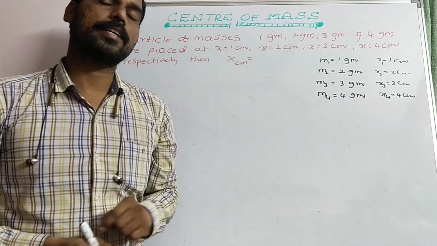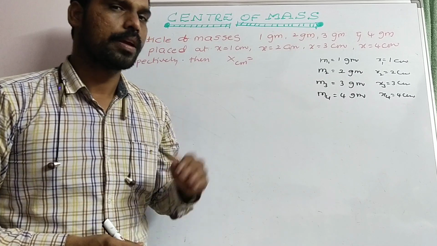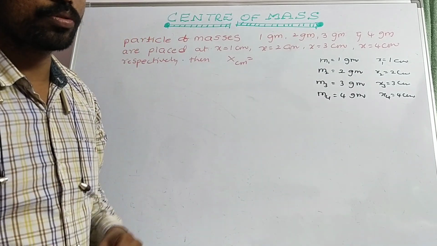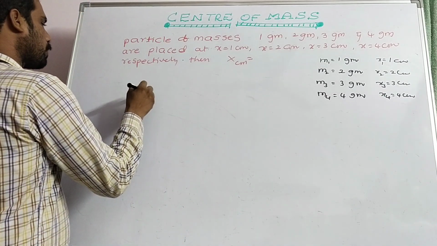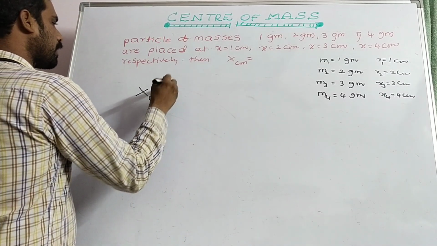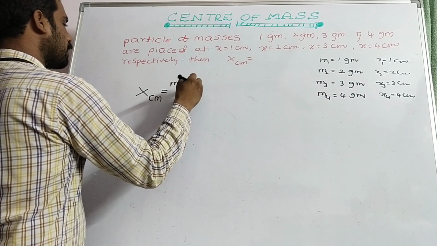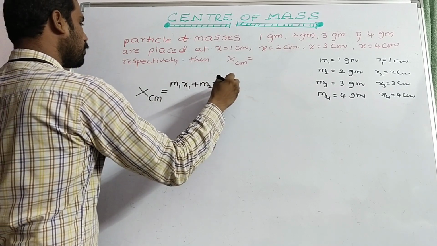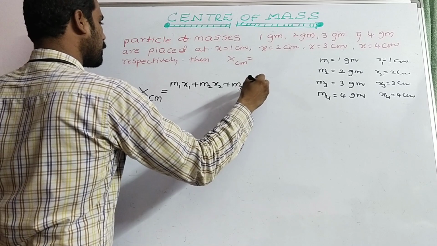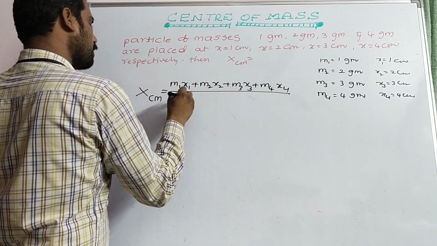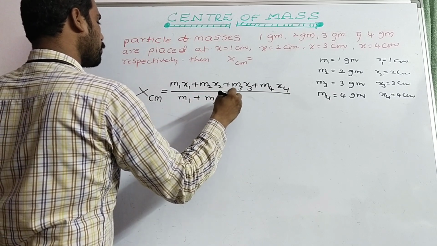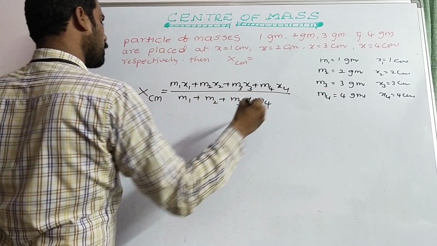Then we can write the expression XCM is equal to (M1x1 + M2x2 + M3x3 + M4x4) by (M1 + M2 + M3 + M4).